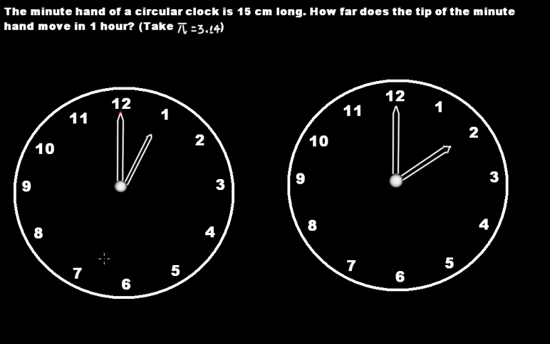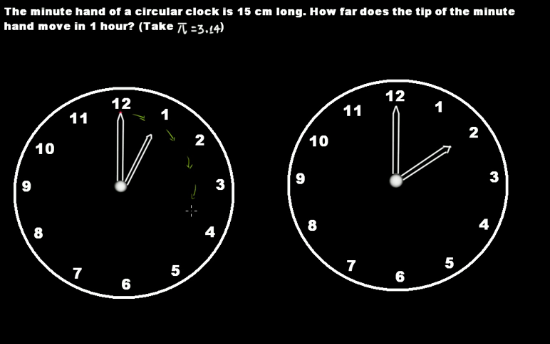It moves in a full circle in 1 hour. Initially it was 1 AM or PM, anything. Now it is 2. So it has clearly taken one complete circular path.